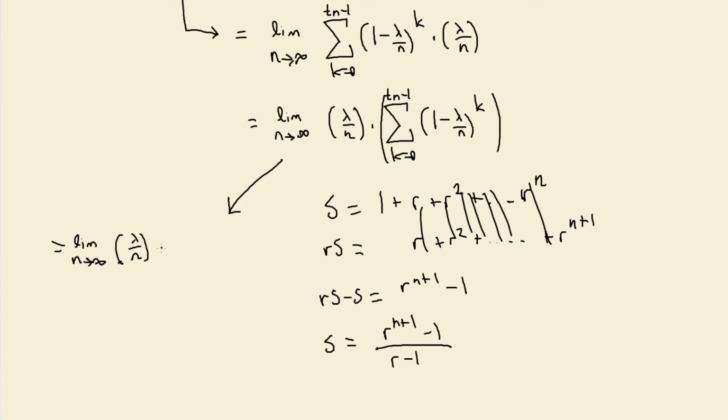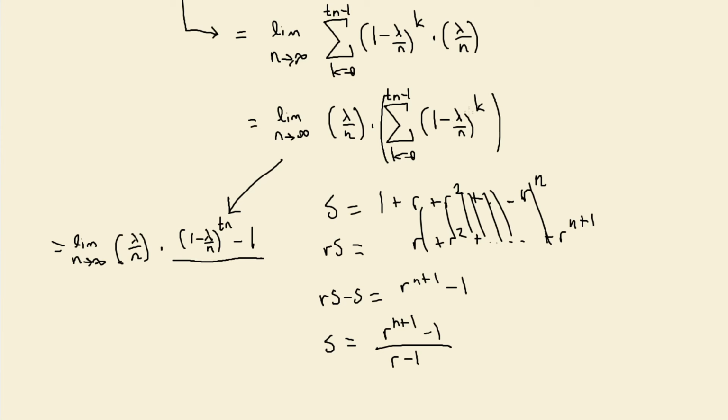R in this case is 1 minus lambda over n, and n here is the number of subintervals, or the number of terms in the series. And so this is tn minus 1. Tn minus 1 plus 1 is just tn. And then we're subtracting 1, and then we're dividing by r minus 1.